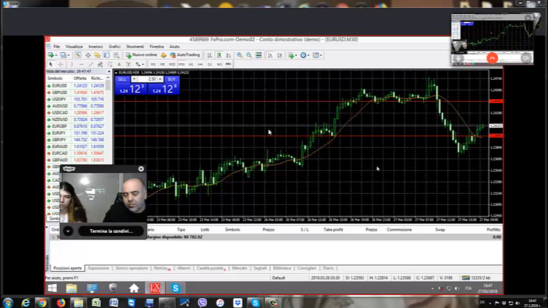That was 124.06 on the bottom and 124.38 on top, so 32 pips. I sold at 124.05 and closed, if I'm not wrong, at 123.94 for 11 pips.